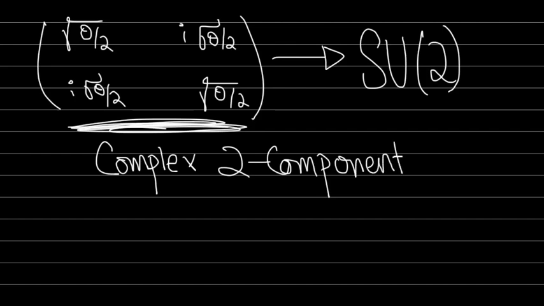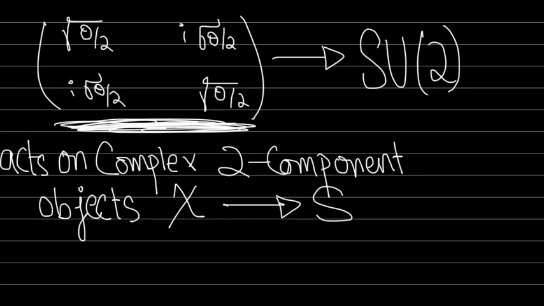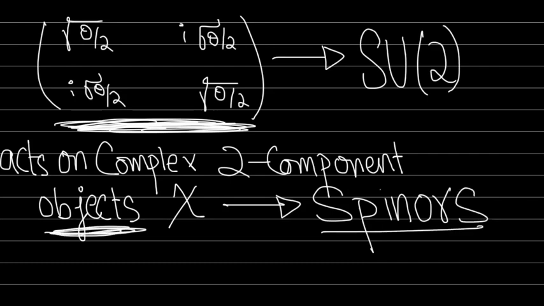Let me write that this acts on them, and let's just write them as chi. These complex 2-component objects we define as spinors. So this chi is a spinor, and these 2-component objects are our spinors.